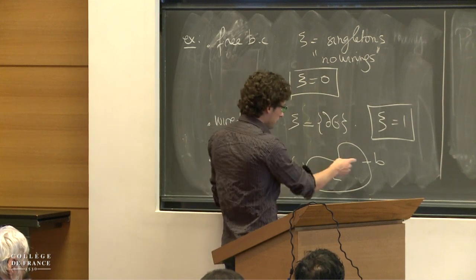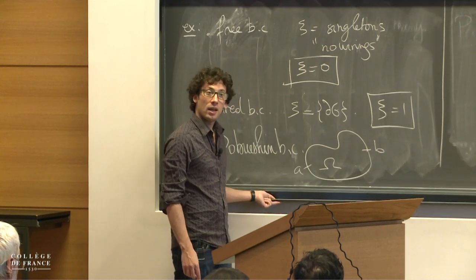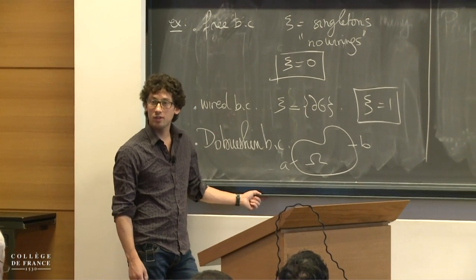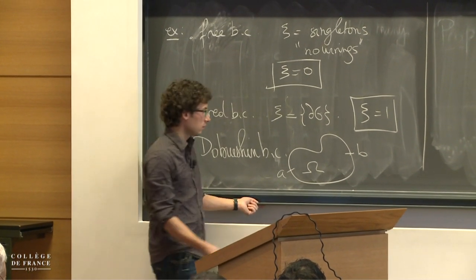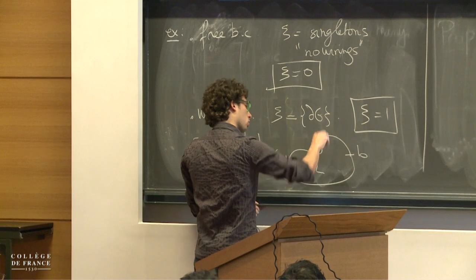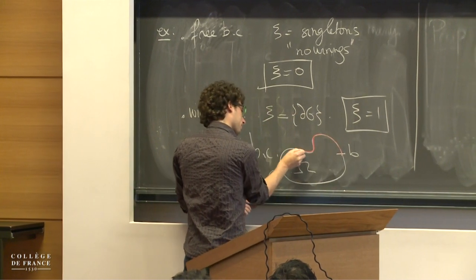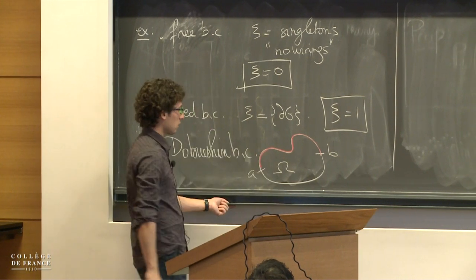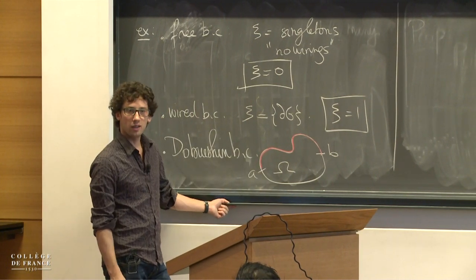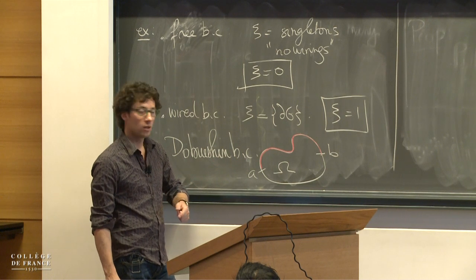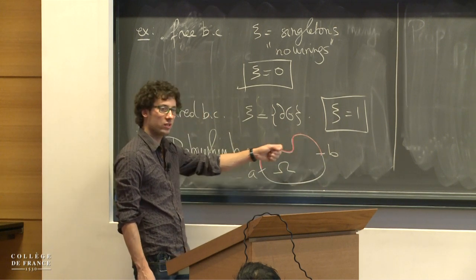Then you put two points on the boundary. Then you naturally have two arcs on this domain, which are well defined when you go counterclockwise. And the Dobrushin boundary conditions are going to be: you put wired on one arc and free on the other one. So you basically wire all the edges there.